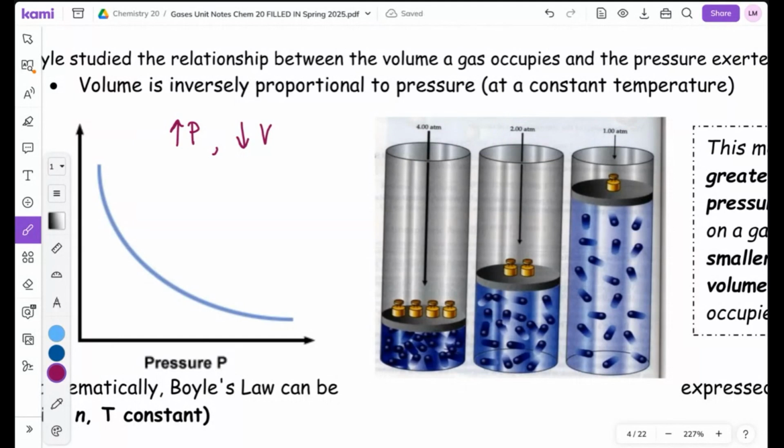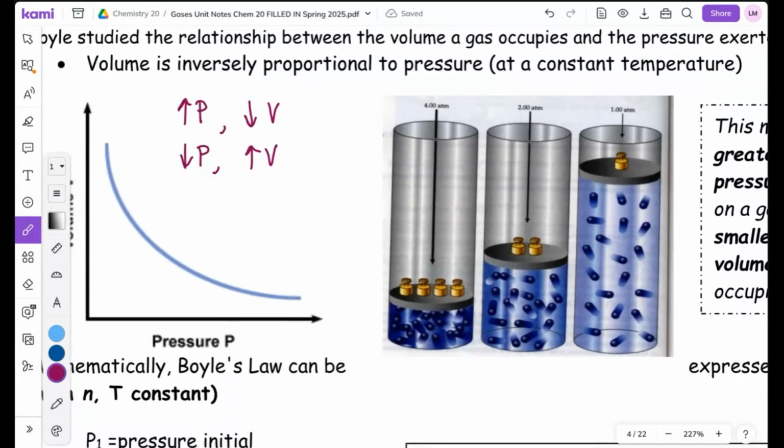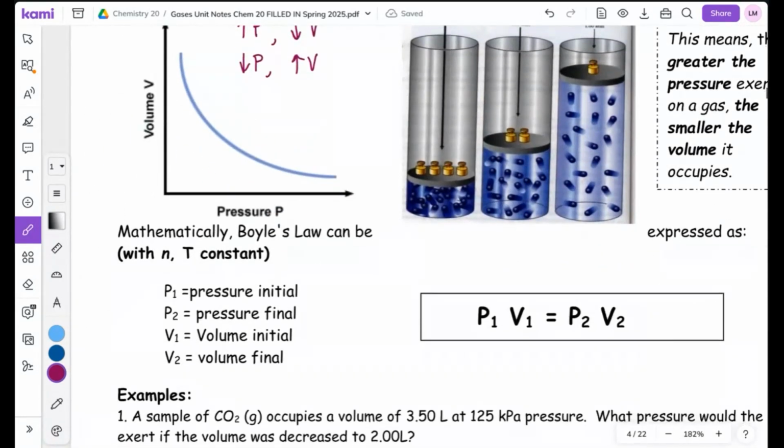Now, as we decrease pressure, that means the volume of the gas is going to increase. You can see that if you read the same diagram from left to right. As we go from left to right, the volume of the container is increasing and the pressure is decreasing, because there's less collisions between the gas molecules and the sides of the container, since the container has increased in volume.